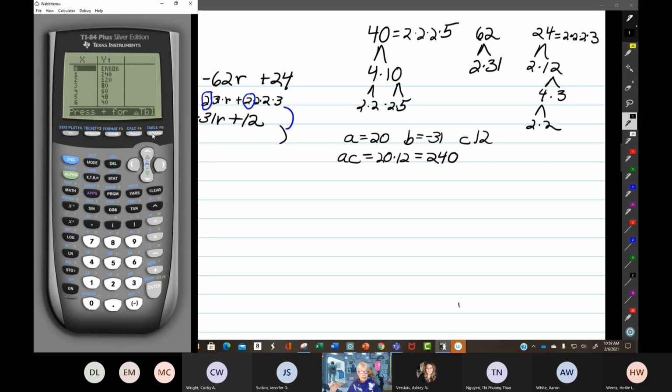Second graph gives you a list of the factors of 240 because we said 240 over X. Now, I need negative 31, but let's just find something that could add up to 31. See, once you start getting decimals, you throw those out. You don't even think of them.